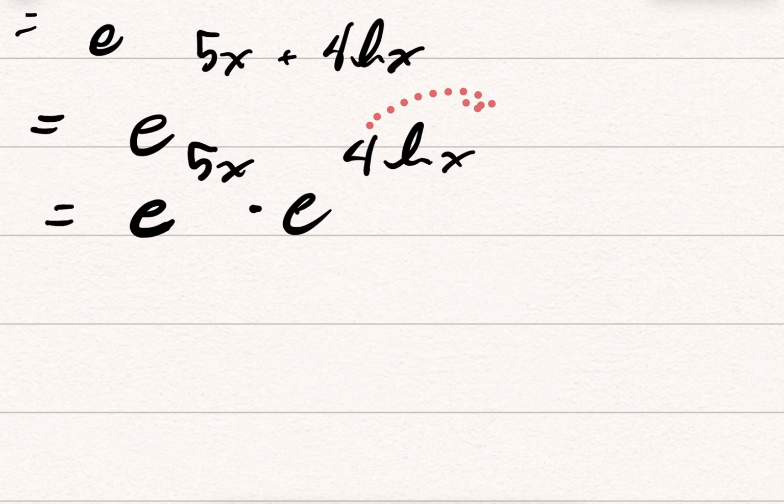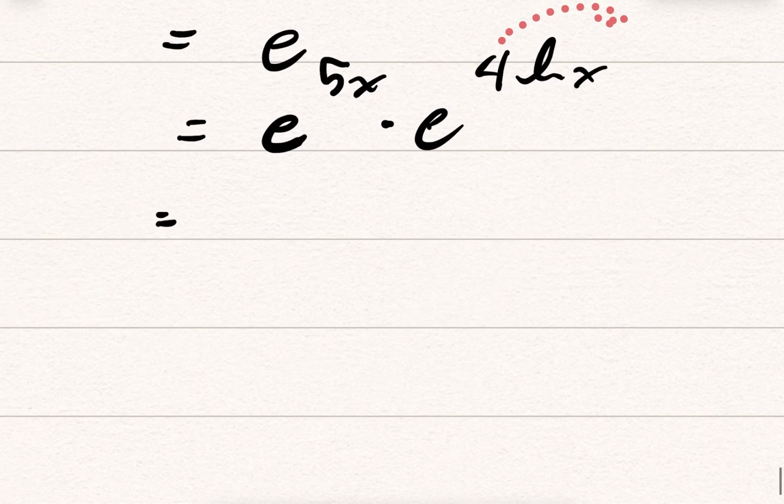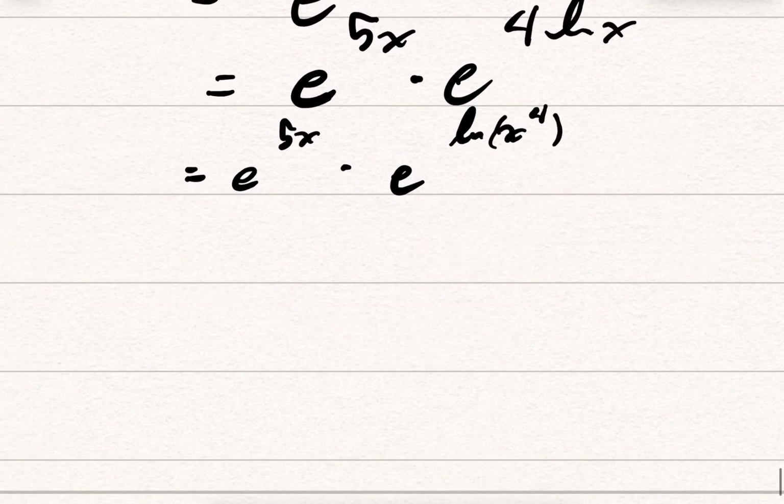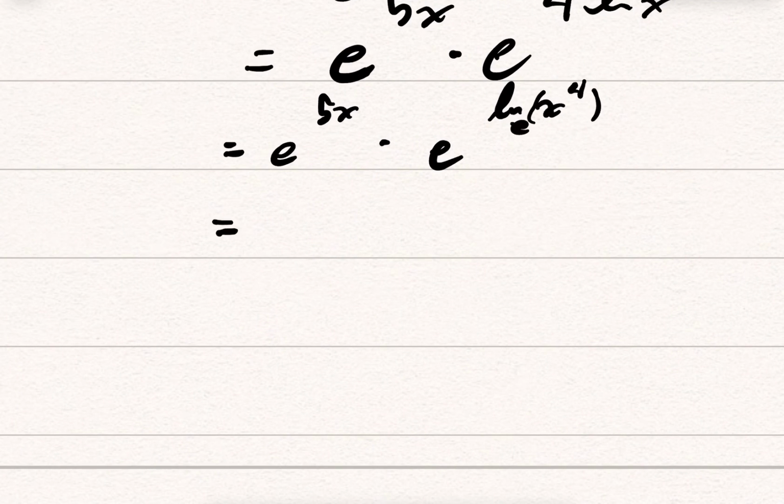So it becomes e to the 5x times e to the, and you'll see what I mean with log properties, x to the 4. That's it. Cancel that. E to the 5x times x to the 4.